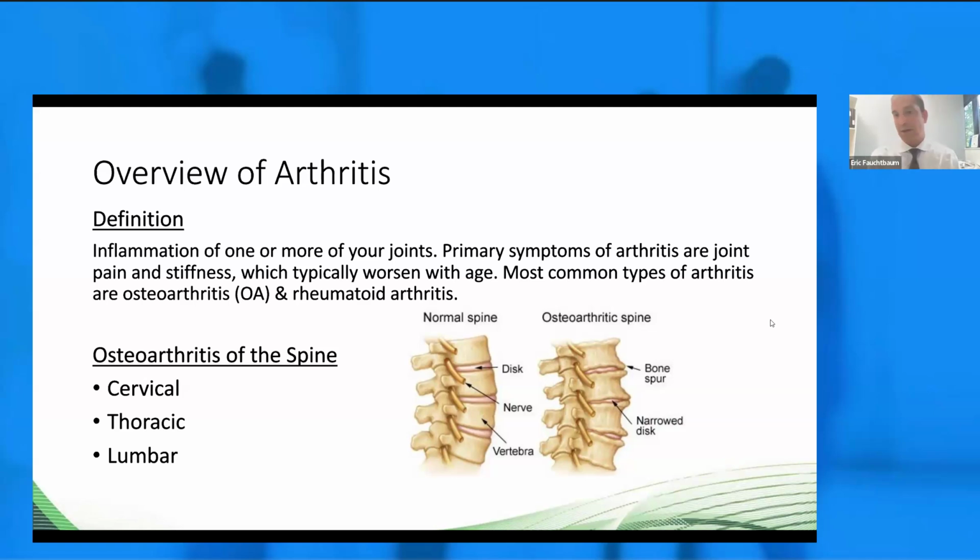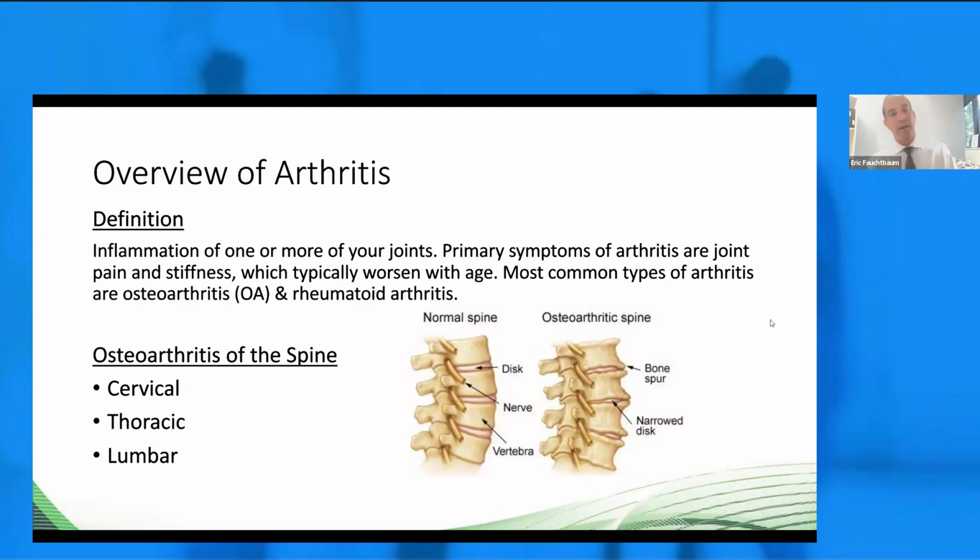So arthritis can affect all areas of the spine, including the cervical, the neck, the thoracic, which is the mid-back, and the lumbar, which is the lower back. Arthritis preferentially affects the cervical and lumbar spines because these are the most mobile sections of your spine. The cervical spine is responsible for giving motion to your head, and the lumbar spine in conjunction with your hips is responsible for allowing you to bend through your pelvis and your hips.